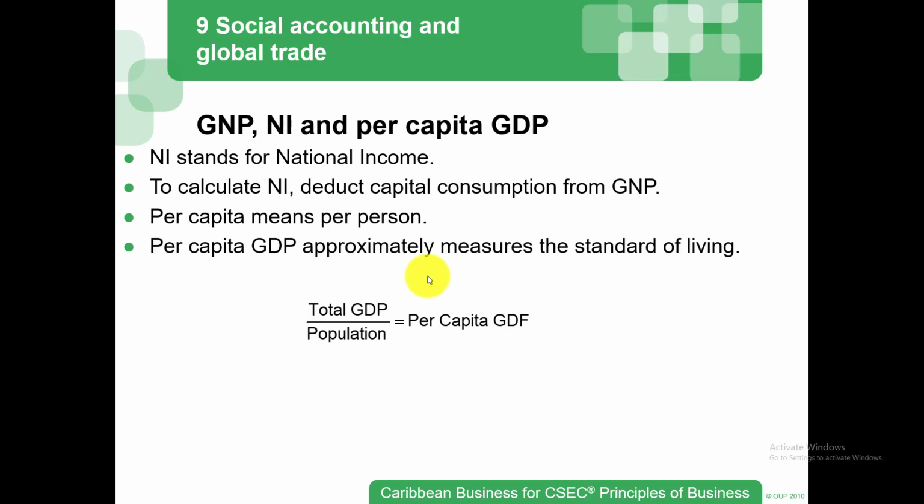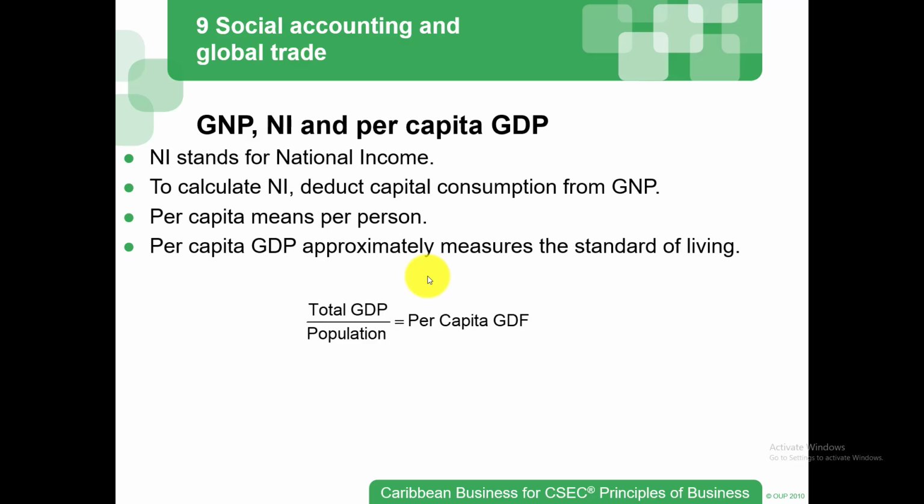Now, you would have heard this word before, per capita. What does per capita mean? If you hear somebody talking about GDP per capita, what that means is that per capita always refers to dividing a number by the population of a country.